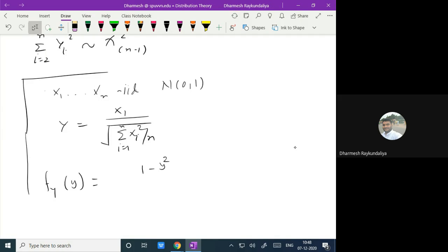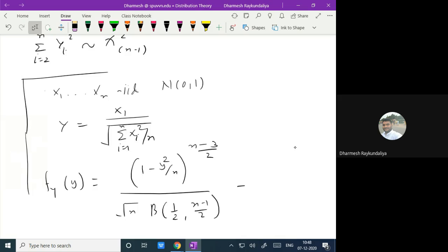We have (1 minus y squared by n) raised to the power (n minus 3) by 2, divided by root n times Beta(1/2, (n minus 1)/2), and the range of y is minus root n less than y less than root n.